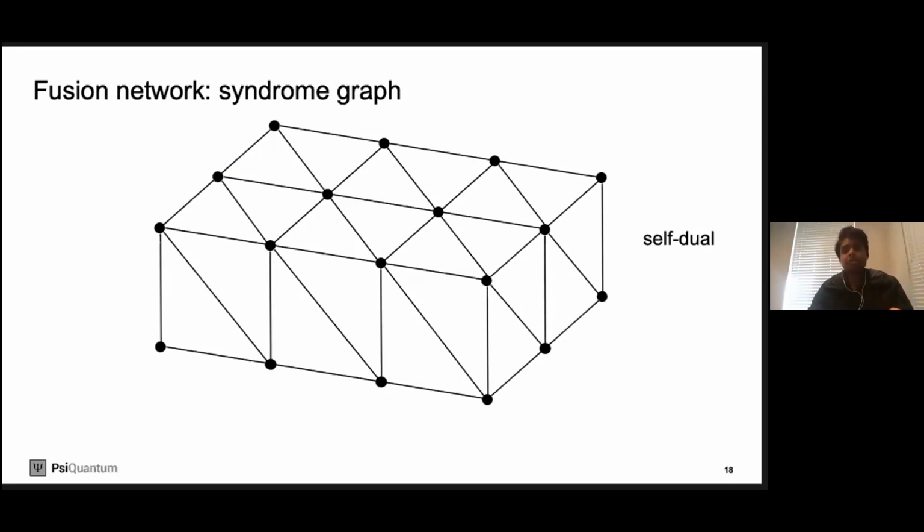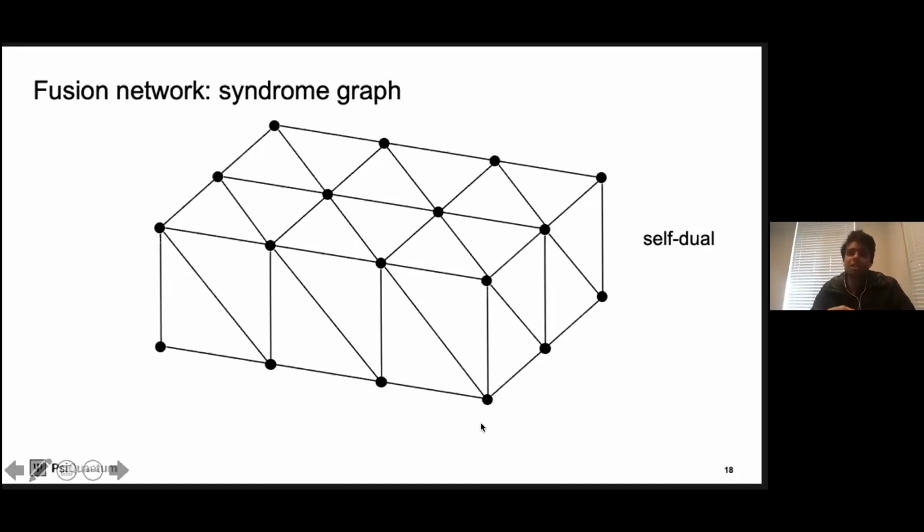And because in this fusion network we are building up fault tolerance from these smaller resource states, we have this additional structure in the fusion network because of the way we are putting these small resource states together. We obtain additional structure in this syndrome graph, which is basically these diagonal edges.